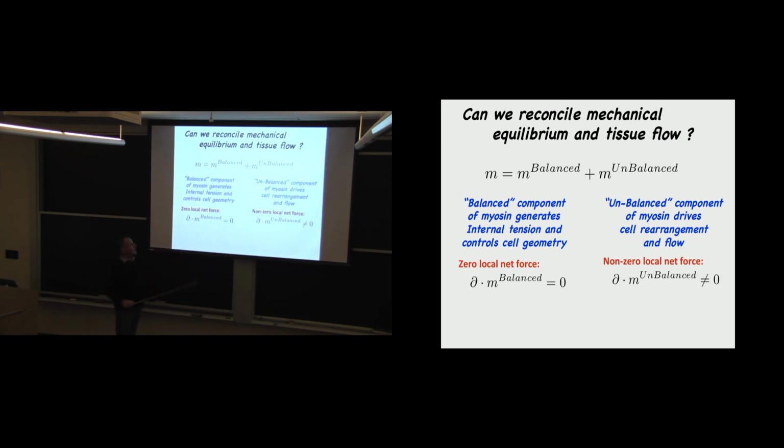But we can add a balanced part of myosin that satisfies that, and that won't change the flow at all. But that's exactly the part which corresponds to local mechanical equilibrium. So we can go back and subtract this from the myosin field and redo the comparison with this geometric inference. And lo and behold, you actually find that the 0.4 correlation has gone up to 0.6.